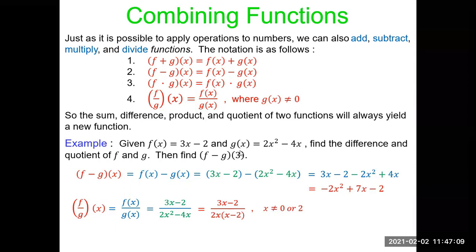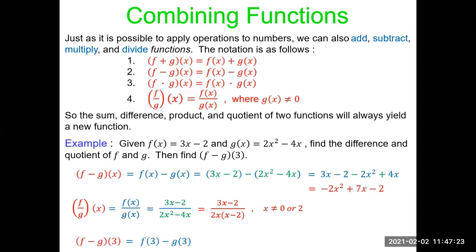We're now asked to simply find f minus g of 3. So notice in order to find f minus g of 3, that's the same way that we did f minus g of x, except we're told that the x value is now 3. So we could simply plug 3 into the function of f to find the output, plug 3 into the function of g to find the corresponding output, and then subtract the two outputs.